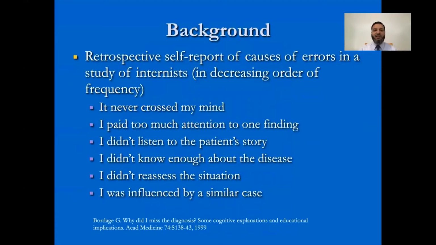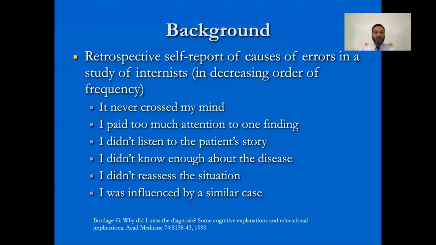So let's look at some studies that evaluated why doctors might miss their diagnosis. This is a retrospective self-report of causes of errors in a study of internists, so these are physicians taking care of adult patients. In decreasing frequency, the reasons they missed a diagnosis were: number one, it never crossed my mind.